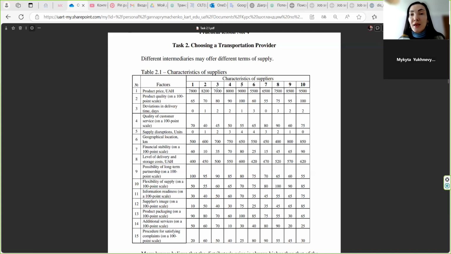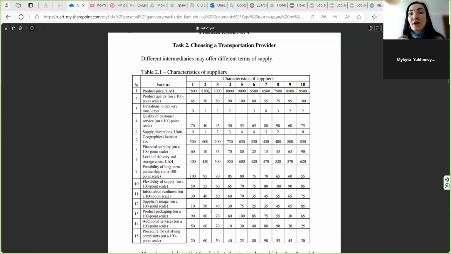Next, the 6th place, and we find it is number 2. Number 2 has the 6th place. It is 3,200. Place number 7, it may be 9. Oh, sorry, we forgot about some suppliers. It will be number 7, and the second supplier, number 8.